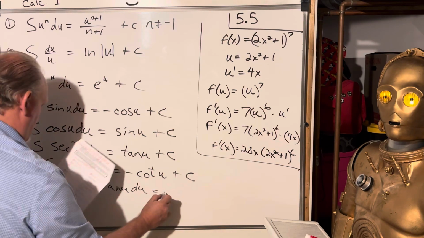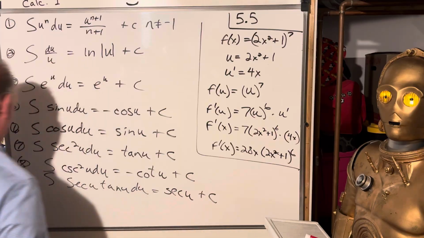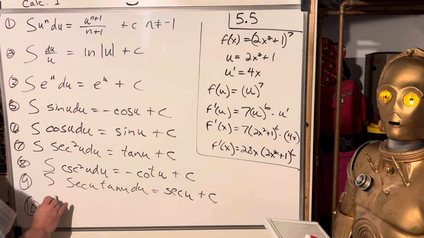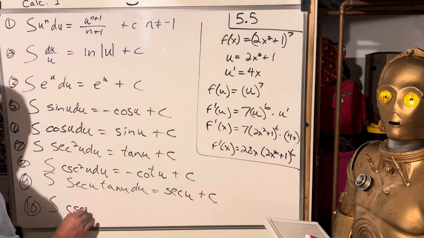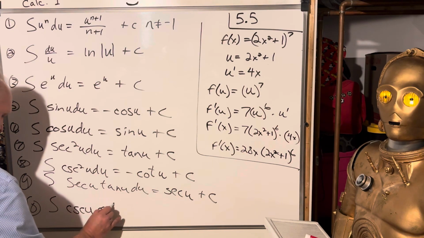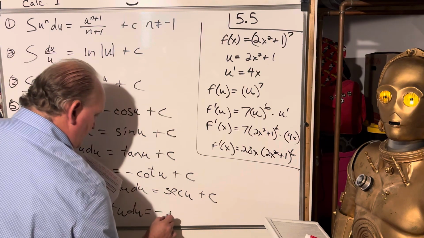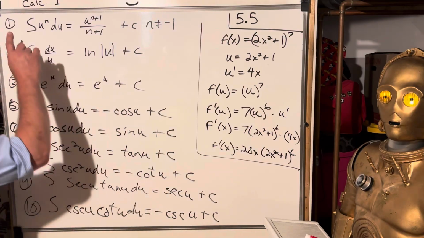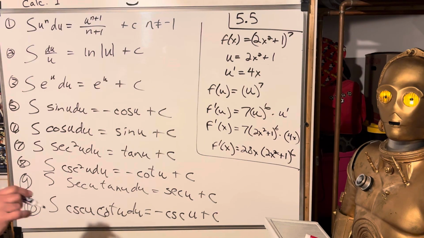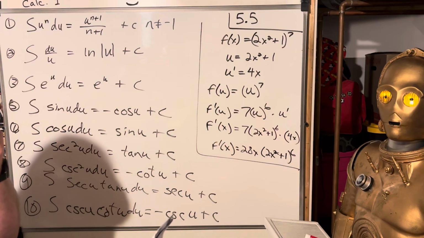That's going to just be secant u plus c. And number 10, you should know. That is cosecant u cotangent u du is equal to negative cosecant u plus c. So these integrals, 1, 2, 3, 5, 6, 7, 8, 9, and 10, you should have upstairs. All right.